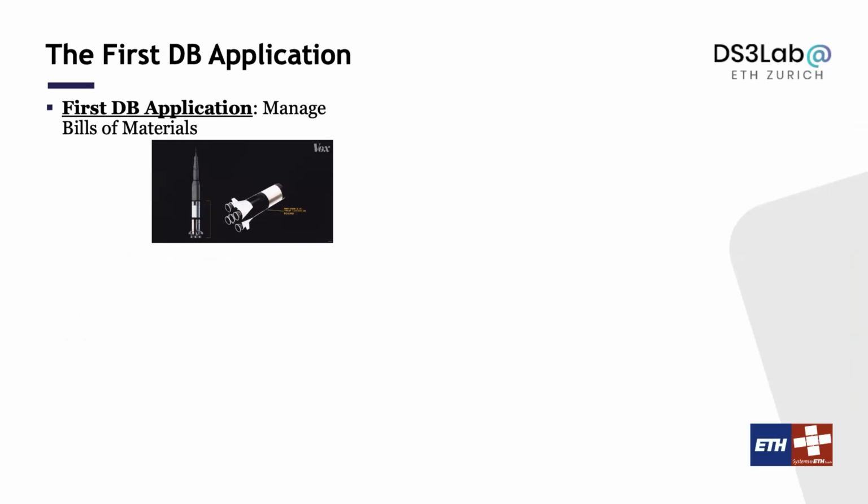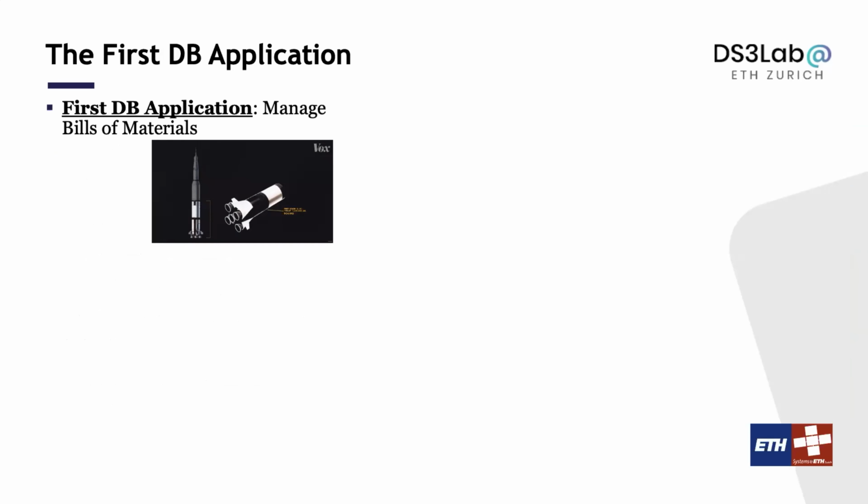So let's imagine this is the application that we want to build, and this is the data we want to manage. Given all this data, there are a whole bunch of questions you might want to ask, a whole bunch of insights you want to get from the data, and we call them queries. Let's look at two example queries.